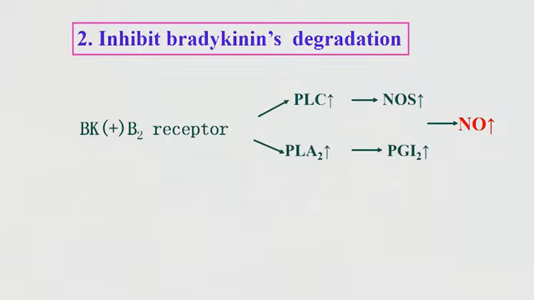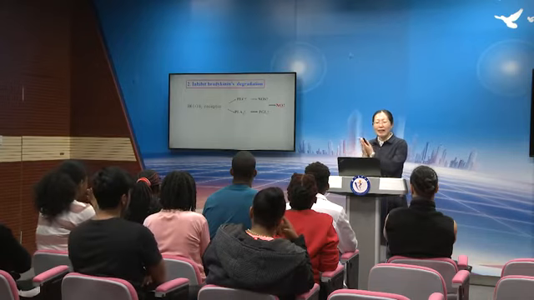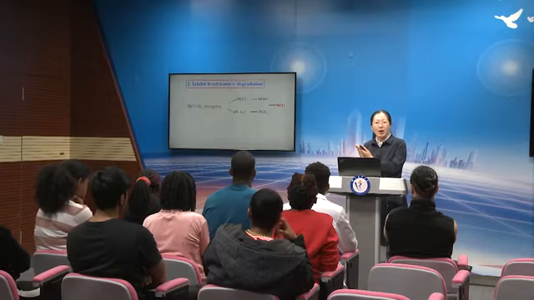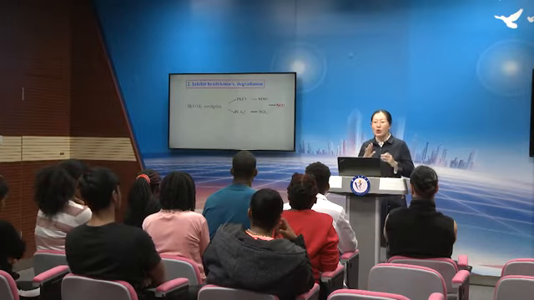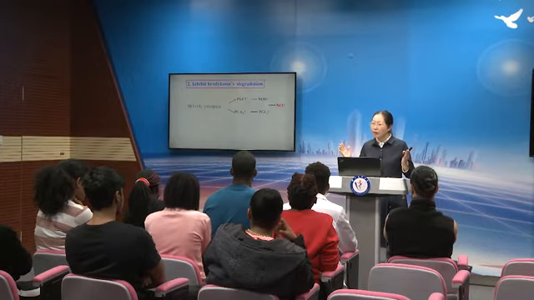Except for these effects, just now from the picture we have known ACEI also inhibits bradykinin degradation. That means it increases bradykinin concentration in the tissue and organ. So bradykinin will bind to its receptor and then promote increases in prostaglandins and nitric oxide. It is the strongest vasodilator in our body.